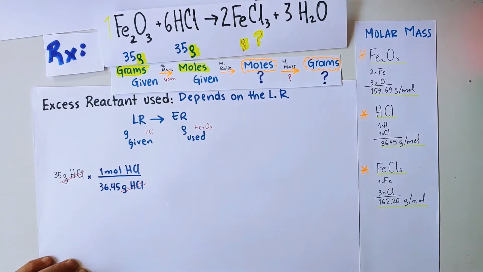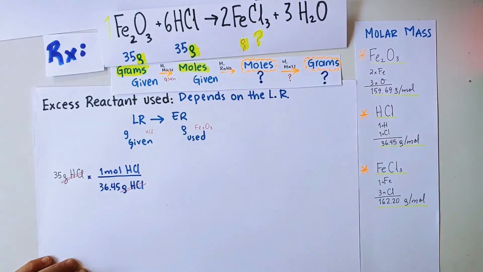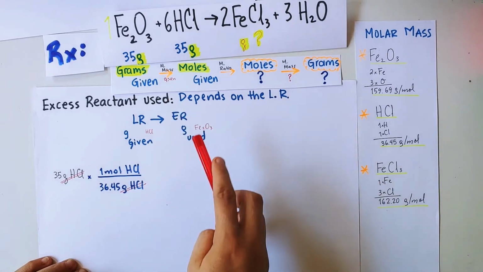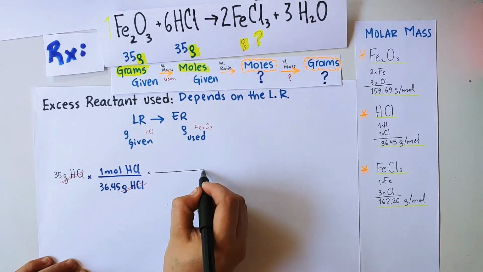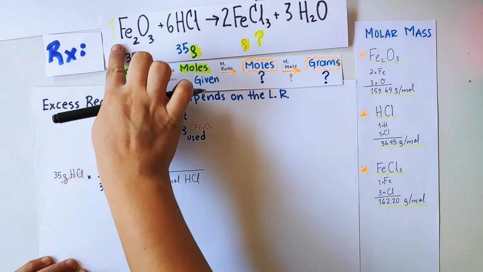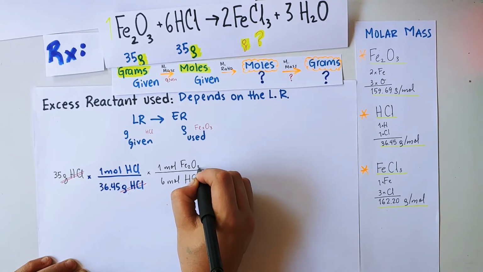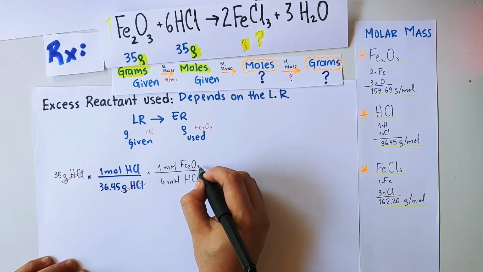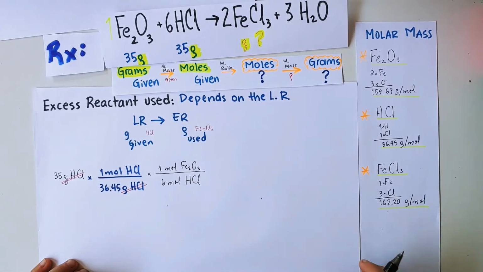Because you are working only with the reactants. These two relationships are between the reactants. So the mole ratio is 6 moles HCl against 1 mole of Fe2O3. That's your mole ratio, and then comes the molar mass.